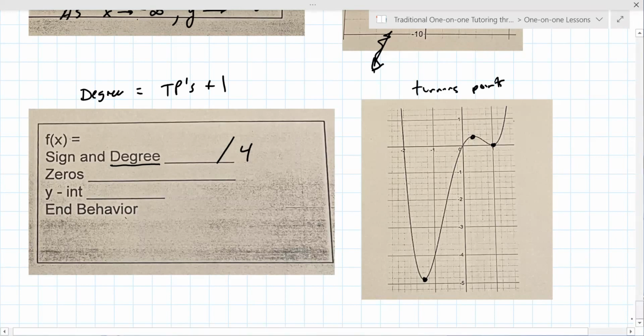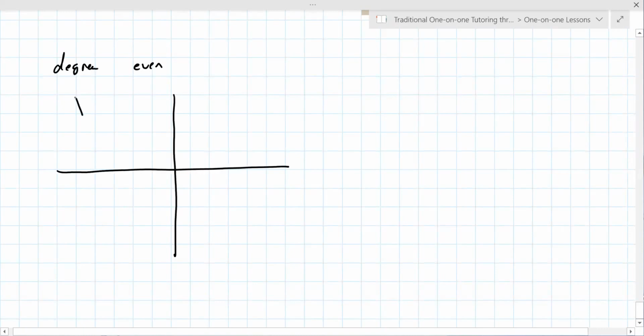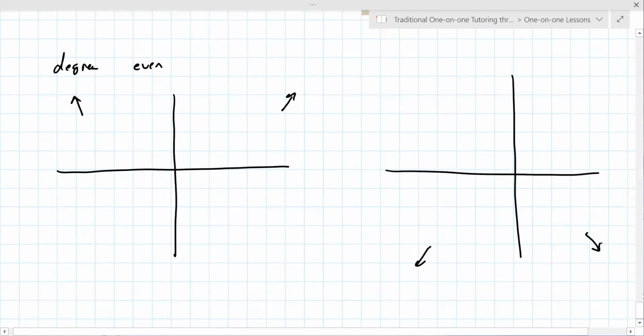All right, so for the sign, there's really 4 graphs that you have to know. If the degree is even, there's only 2 possible graphs that you could see. It starts high and ends high, or starts low and ends low.